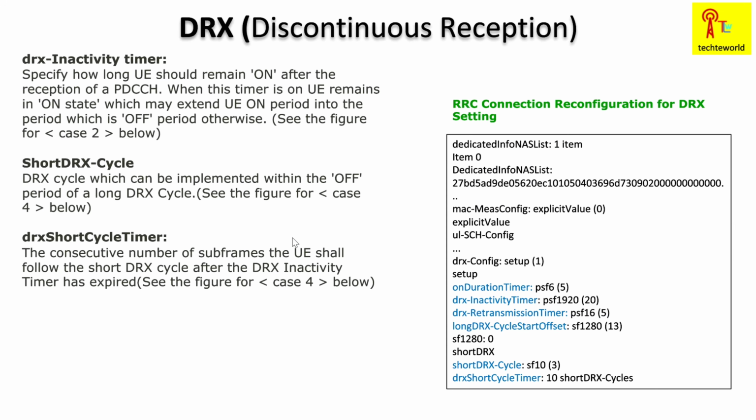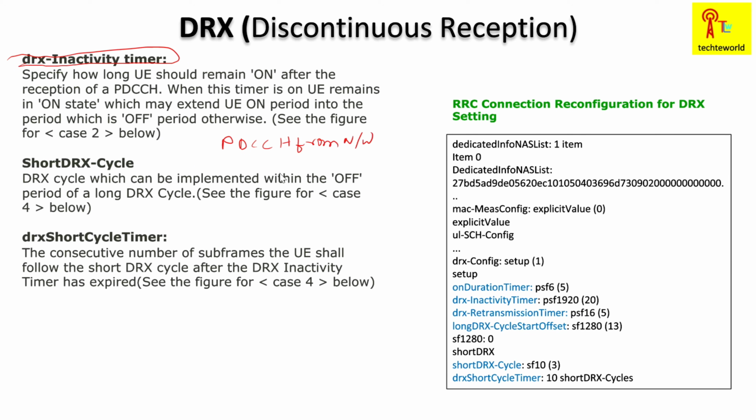Now the next thing is the DRX inactivity timer. What is this DRX inactivity timer? This timer helps the UE: let's say during its on period, it has received some PDCCH downlink data from the network.